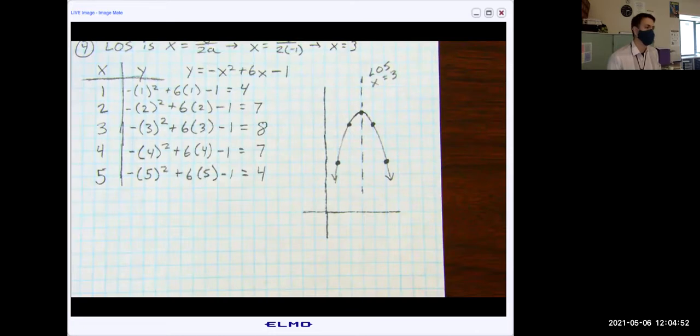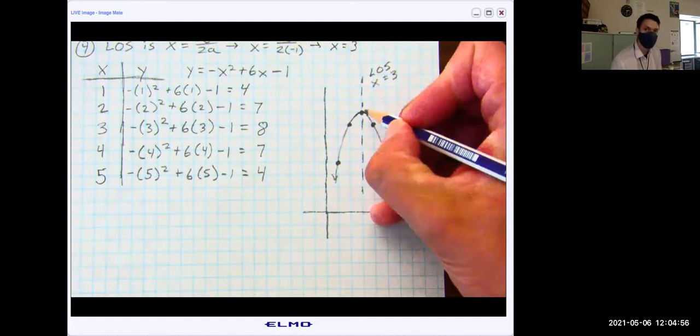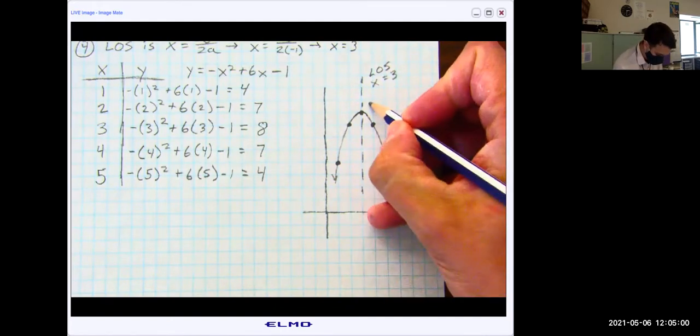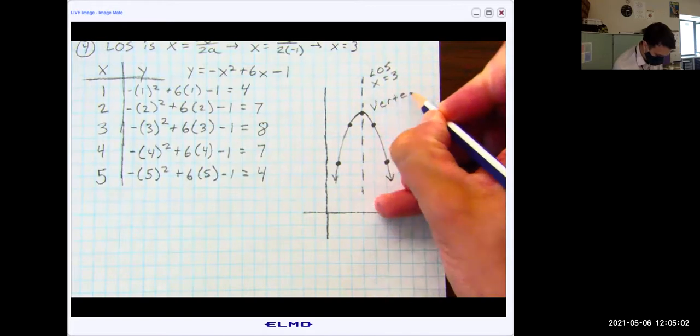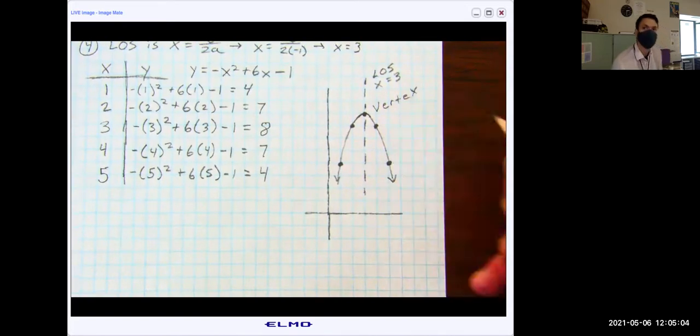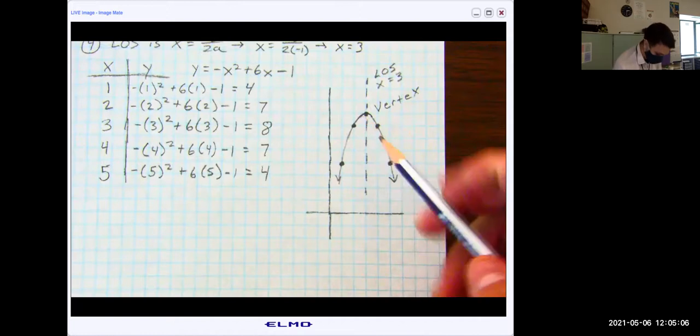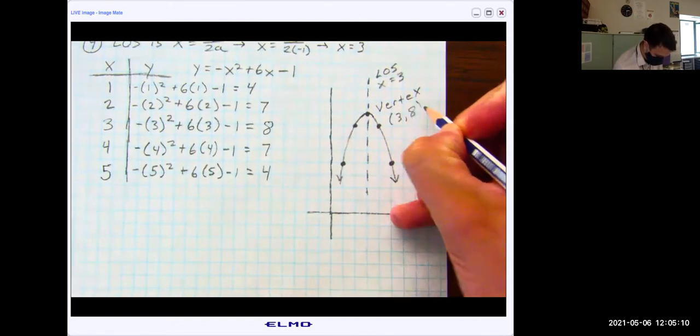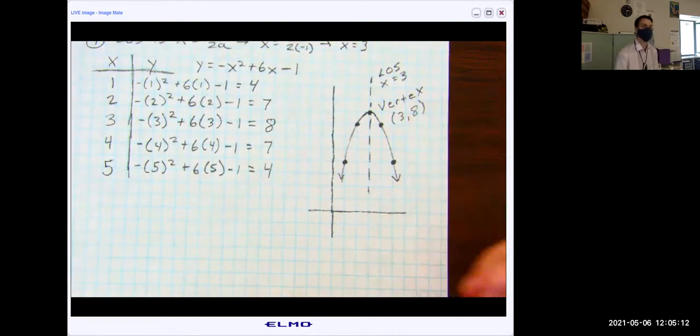Okay? And then the other piece you have to label is the vertex. The vertex is either the top of the curve or the bottom. In this case, it's the top. Our vertex was that point right there, which was 3, 8. So you label it 3, 8. Now you're done.